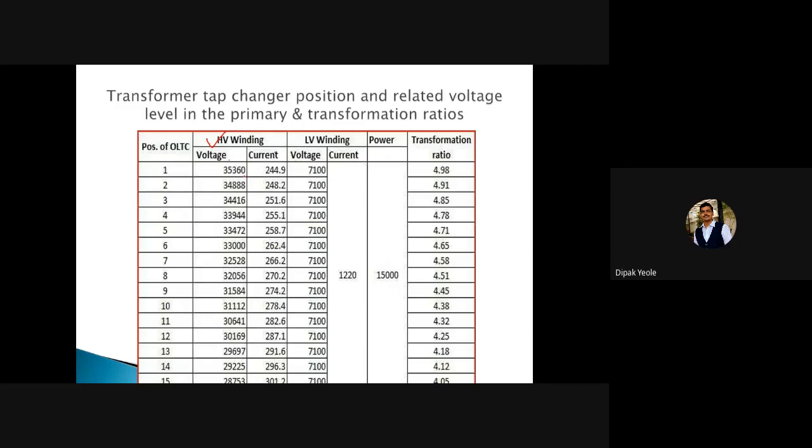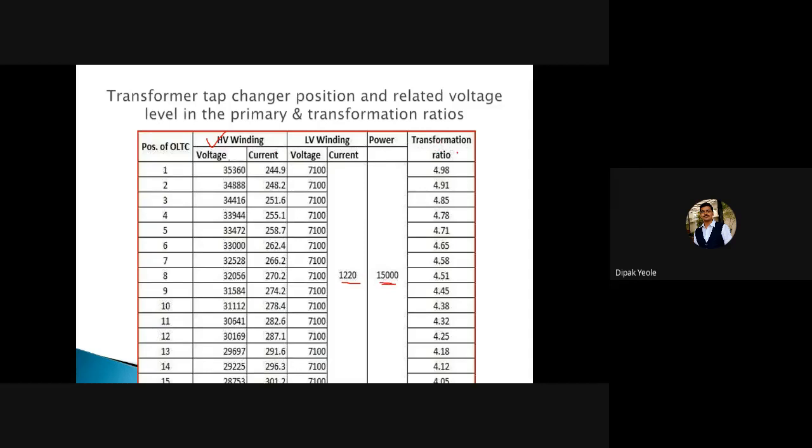At that time, the current drawn by this high voltage winding can be 244.9 ampere. Obviously, the low voltage winding carries a voltage of 7,100 volt and a current of 1,220. We know that when there is a high voltage, the current is low, and when there is a low voltage, the current is high. No doubt the power drawn by this transformer is the same, that is 15,000 kVA.